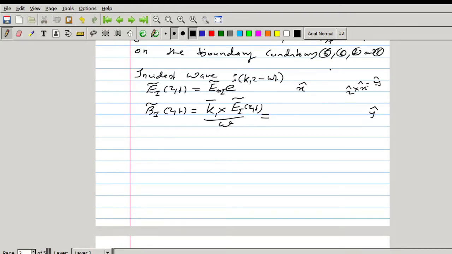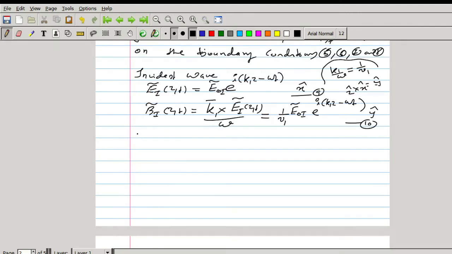K1 by omega is 1 by V1, the velocity in the first medium. So the magnetic field is 1 by V1 E0I e raised to i K1 z minus omega t. This is equation number 9, and this one is equation number 10.